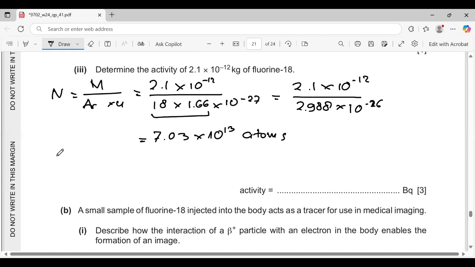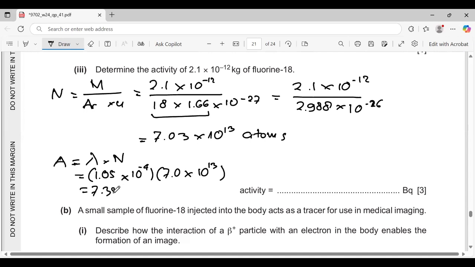And then we're going to calculate the activity A. Activity A equals lambda times N, and it is 1.05 times 10 to the power minus 4 times 7.0 times 10 power 13, and it is 7.35 times 10 power 9 becquerel, or 7.4 times 10 power 9 becquerel.